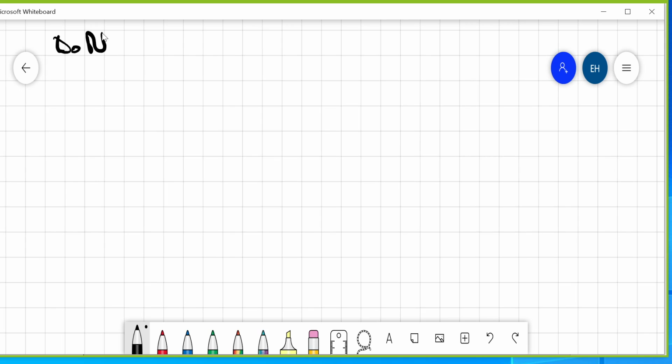Do now 2. And the second problem is this: 0 equals x squared minus 6x plus 3. And the question says graph the function.